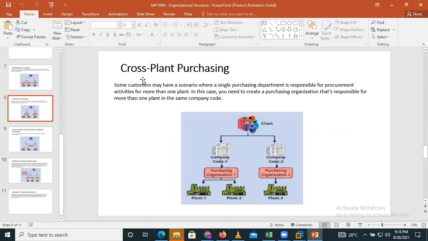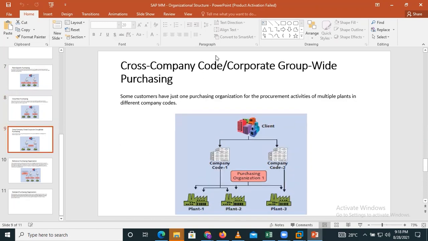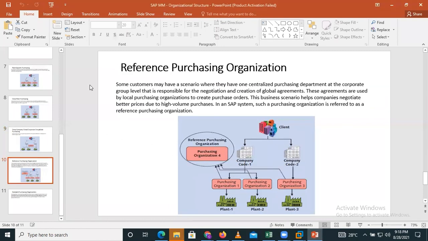A business can follow cross plant purchasing, where plants belonging to the same company code have a separate purchasing organization. A business can follow cross company code purchasing or corporate group purchasing, where one purchasing organization is responsible for all the plants belonging to company code 1 as well as company code 2. And we can have a reference purchasing organization as well. So a business can follow any of these types of purchasing.